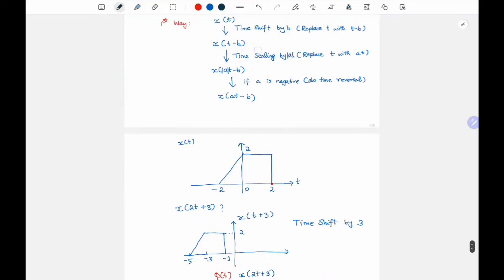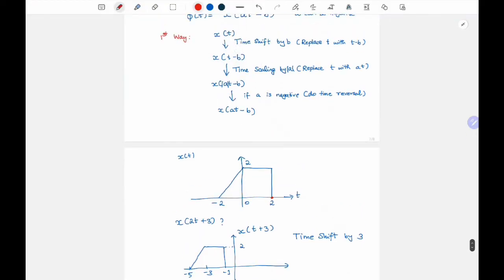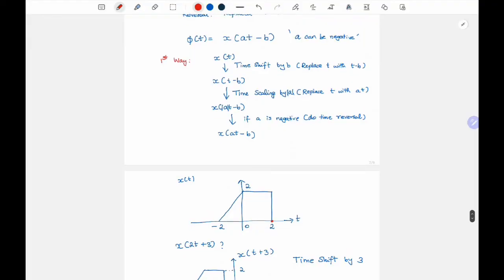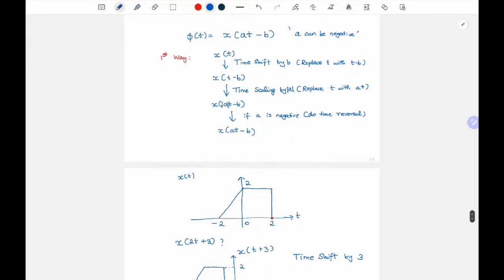So now let's see the second way. In the second way, what do we have? Also, if you see here, we have only replaced t with at or t minus b, right? When this t minus b is there, we haven't multiplied the entire t minus b with a.